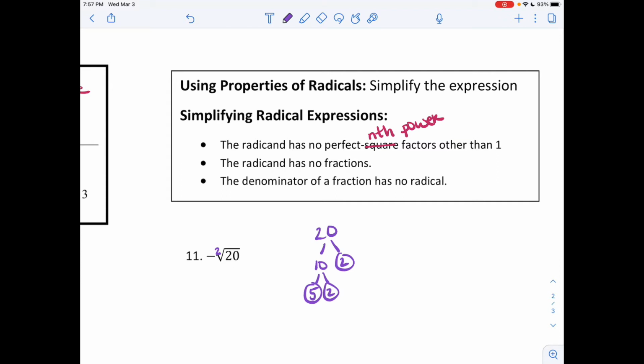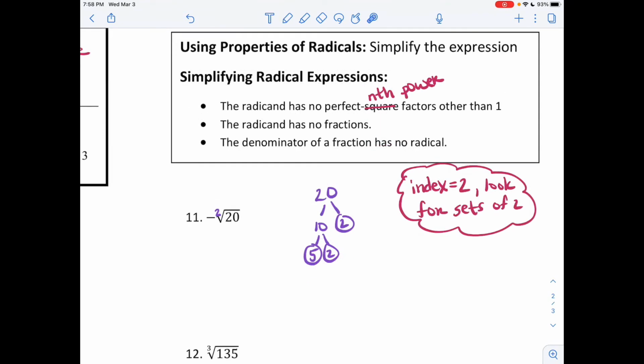Because I have a square root, I'm going to do what I've always done and look for pairs. However, as we move forward and we have something besides a square root, instead of looking for pairs, we are going to be looking for sets of whatever our index is. So I'm going to explicitly write that we are looking for pairs, or an index of 2.